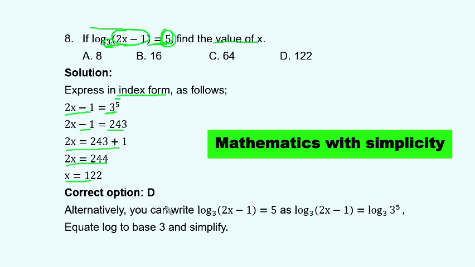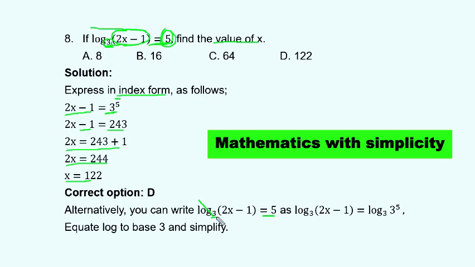Alternatively, in order to find s, you can decide to cancel off log base 3. That is only possible if log base 3 is also on the right hand side. Thinking along base 3, you can say that log 3 base 3 is 1. That is logarithm of its own base law.